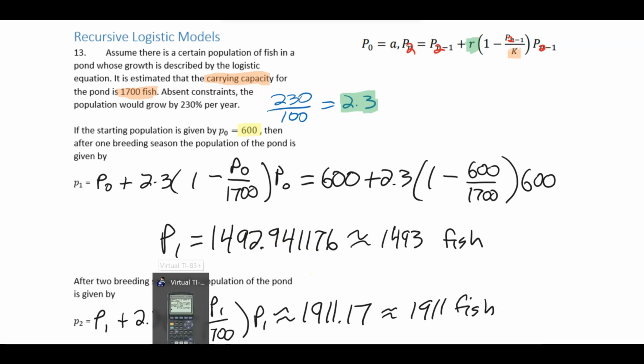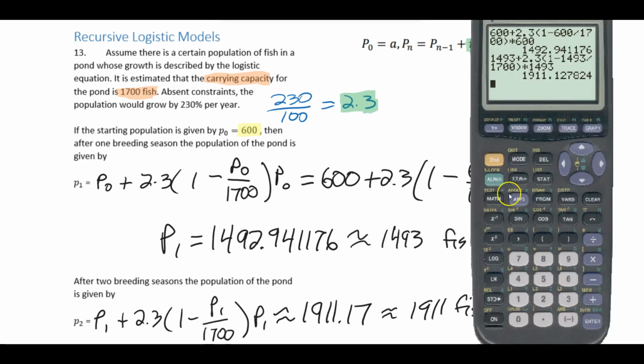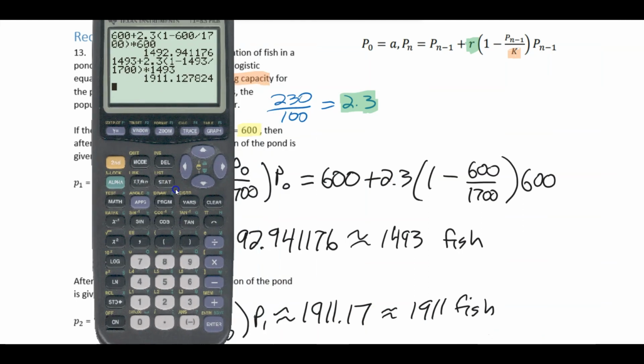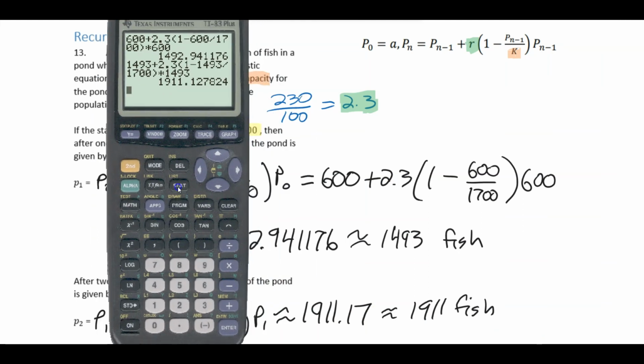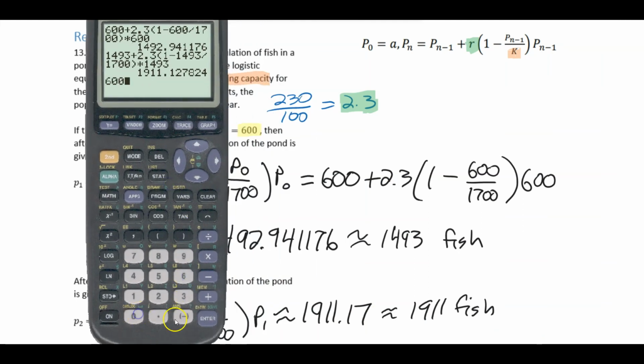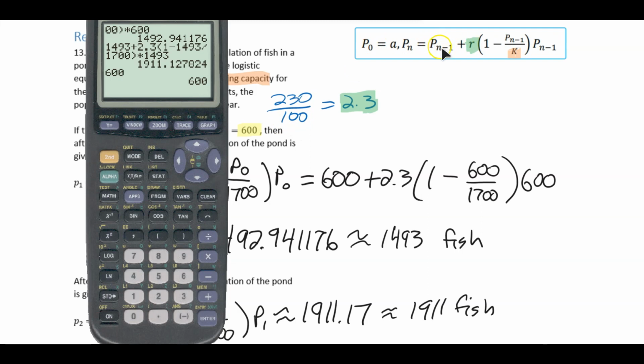Now, recursive definitions can be done with your answer button very cleanly. So let me demonstrate. If we start off with our initial 600, and then I'm going to code the recursive definition. Anywhere I see the P sub n minus 1, I'm going to use the answer button.